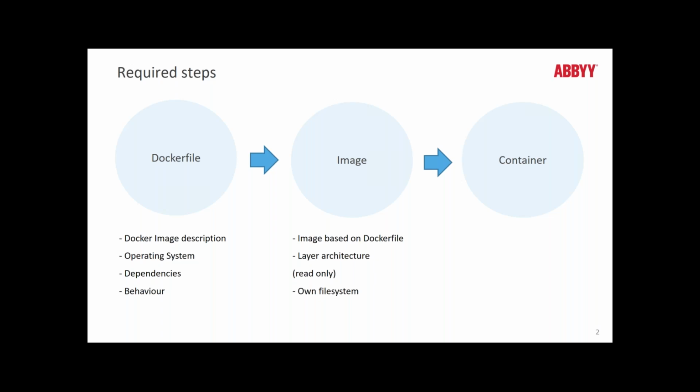That means every step that we describe in our Dockerfile, for example step 1, the operating system, step 2, the dependencies, and so on, is its own layer, and the layers are all stacked on top of each other in read-only mode. Once they have been created, they cannot be changed. The image will not be changed.